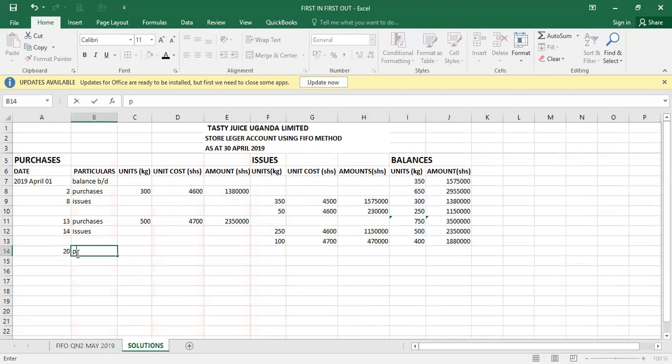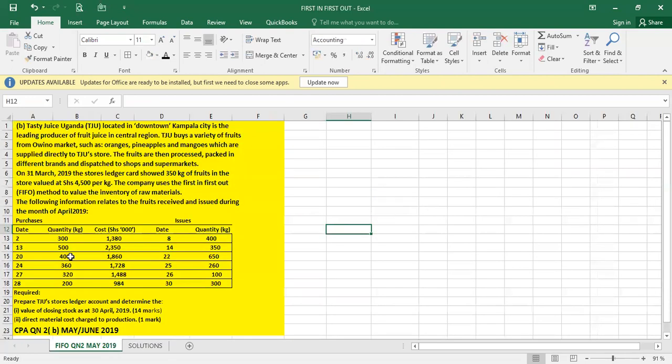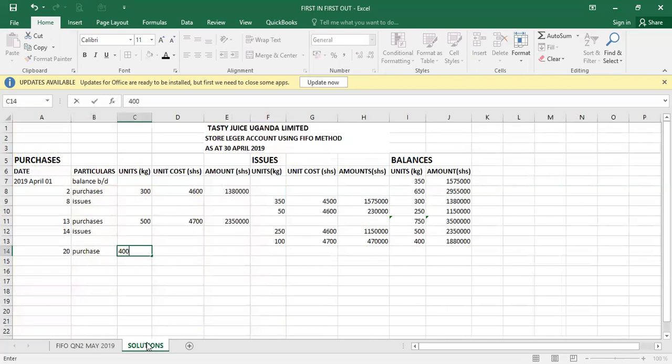If it happened on 20th, it was a purchase of 400 units at a total cost of 1,860,000. So we check what will be our unit cost: the total cost divided by this. That will be our unit cost.